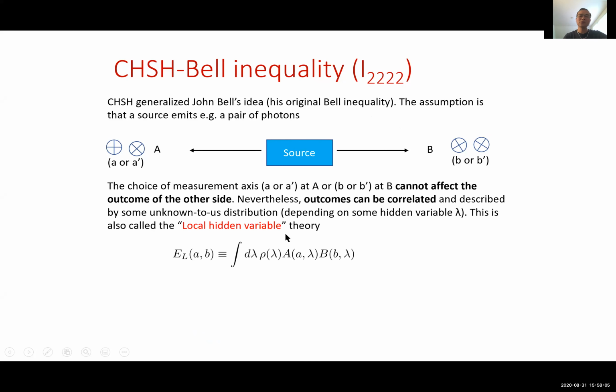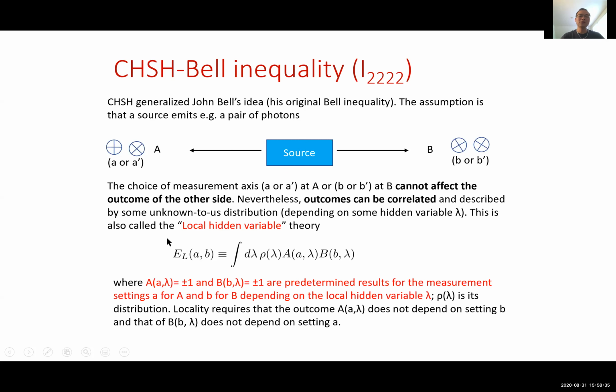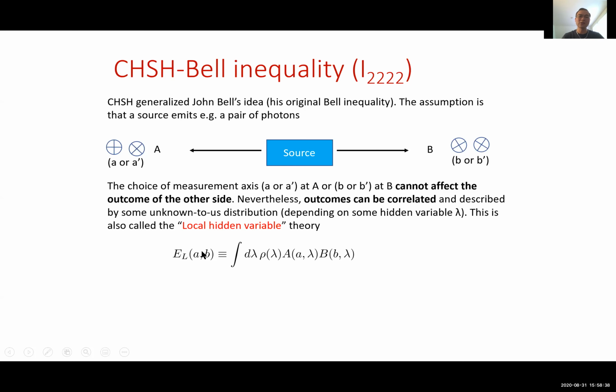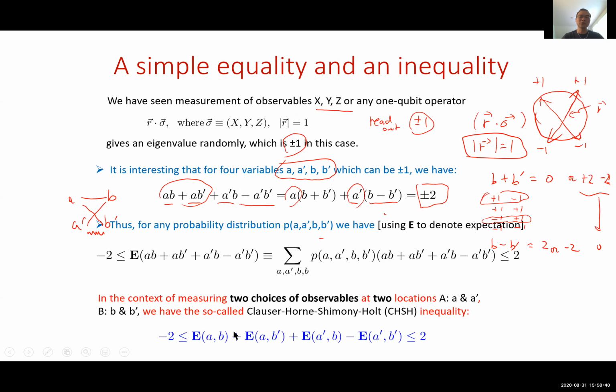My measurement outcome on either side is going to give me +1 or -1. I use capital A of a lambda as +-1, and rho of lambda is some variable that I don't know, but it keeps track of the distribution in the source. This is the expectation value that I get, really similar to this.